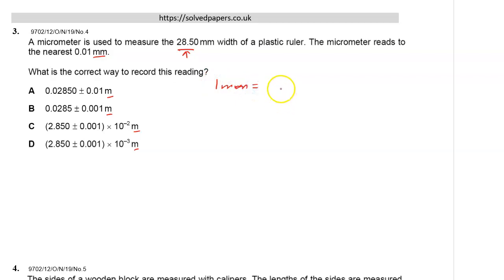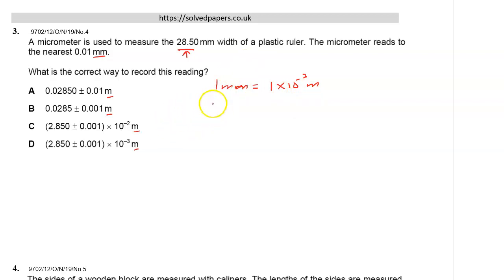1 millimeter is the same as 1 times 10 raised to power minus 3 meters. This milli is a prefix standing for 10 raised to power minus 3. So you can convert millimeters into meters.